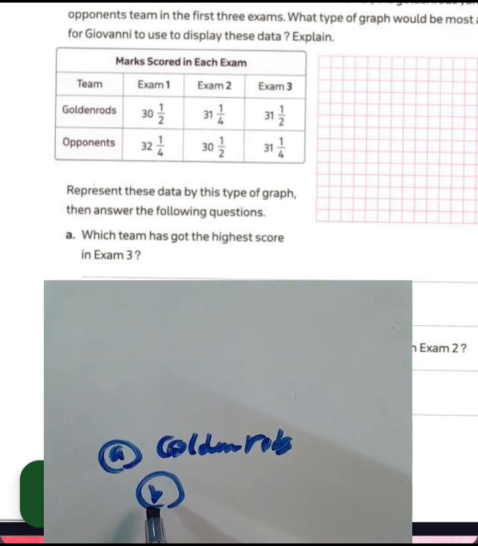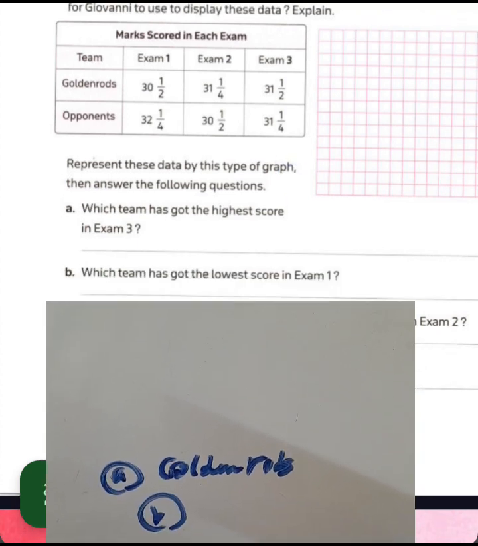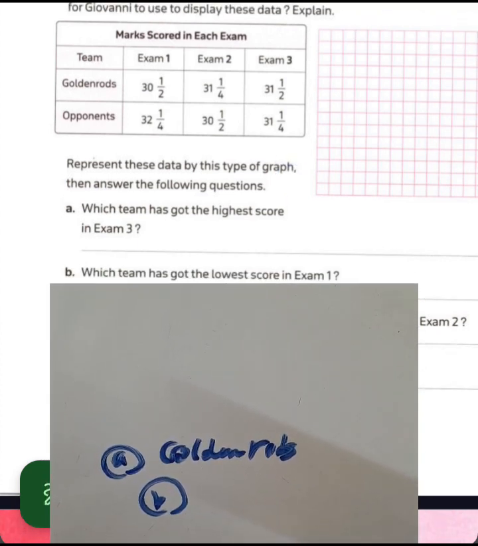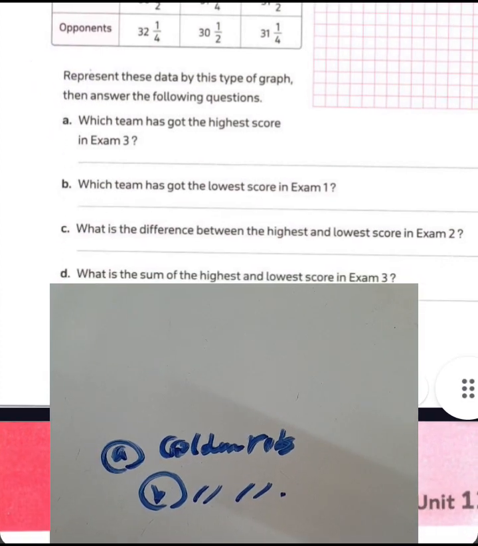Letter B. Which team has the lowest score in exam 1? The lowest in exam 1. Where is exam 1 here? It will be Golden Roots. Golden Roots again.